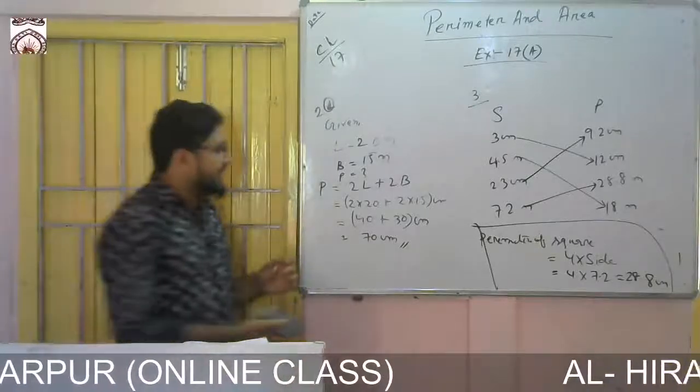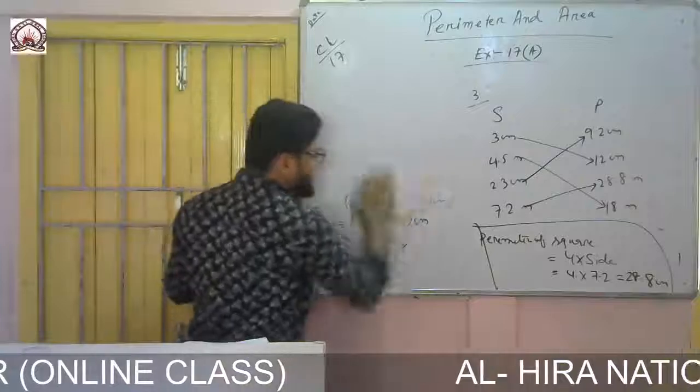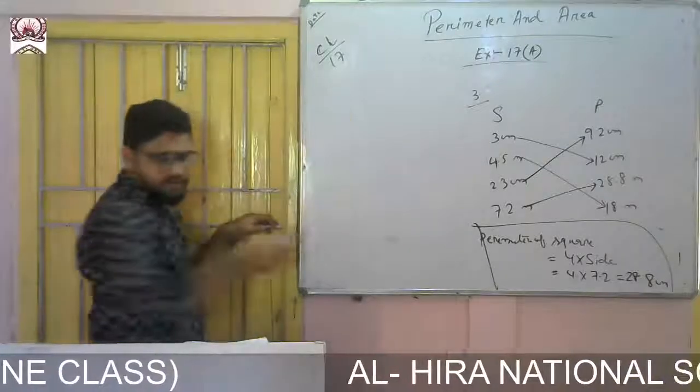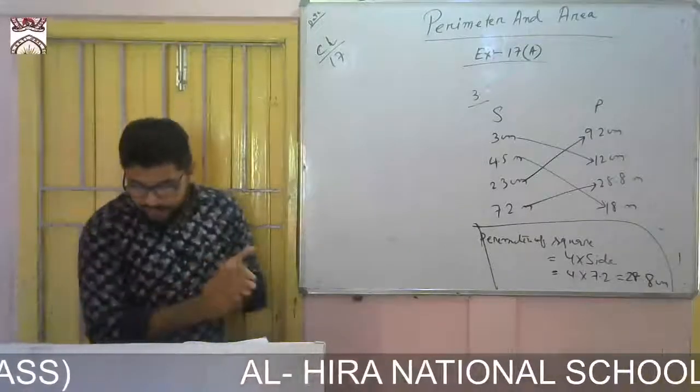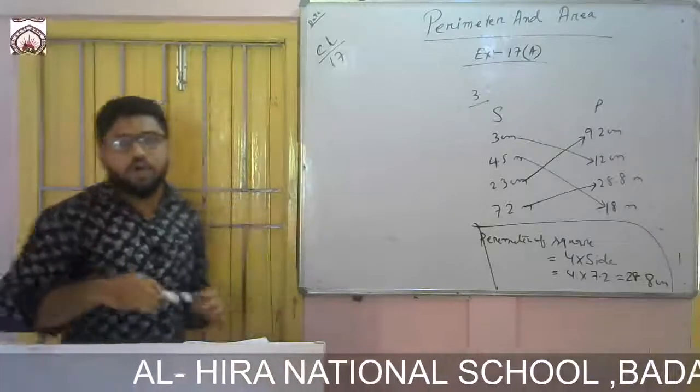So one thing you remember, whenever the perimeter is given, how do we find the side of a square?